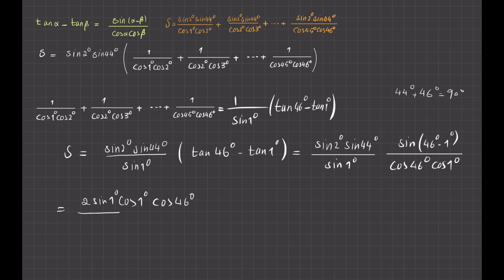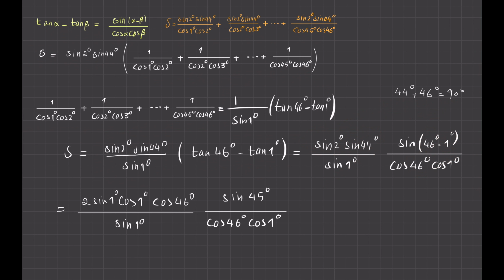In the denominator here I have only sine 1 degree, and in the next fraction, 46 degrees minus 1 degree is just 45 degrees, so it becomes sine of 45 degrees, and I copy and paste the denominator of the second fraction as it is.